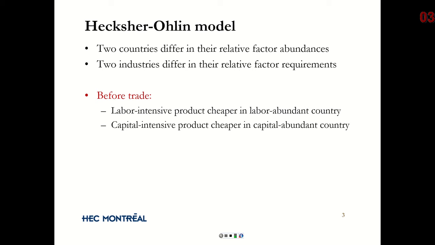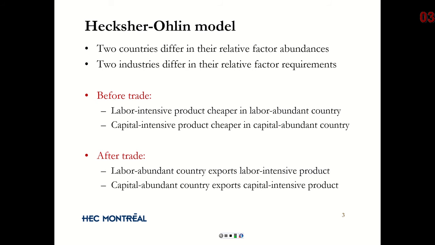Okay, so we saw that before trade, really there were differences in prices between the countries, and that really led to the reason why countries started to trade. So after trade, what started happening is that the labor abundant country, which had a comparative advantage in the labor intensive product, started exporting the labor intensive product, and the capital abundant country started exporting the capital intensive products.